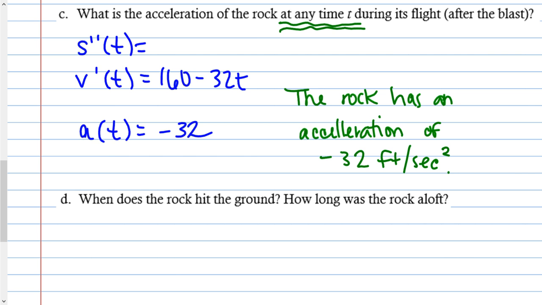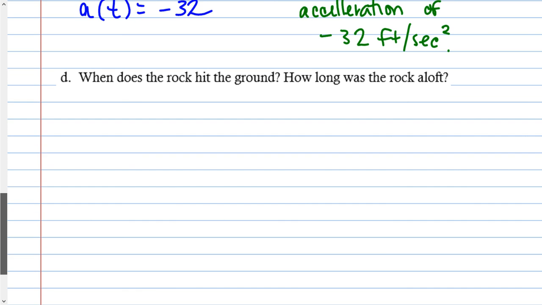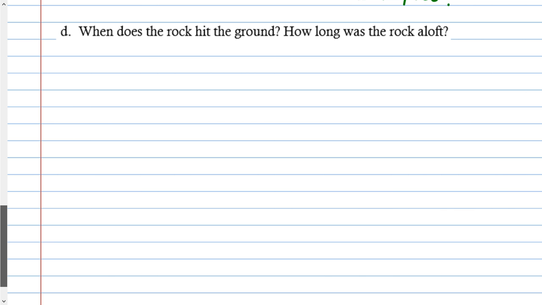All right, D. When does the rock hit the ground? How long was the rock aloft? These questions are technically the same. For the rock to have hit the ground, my position has to be 0, kind of like example 2, part A. So we're going to find the time when my position is 0.